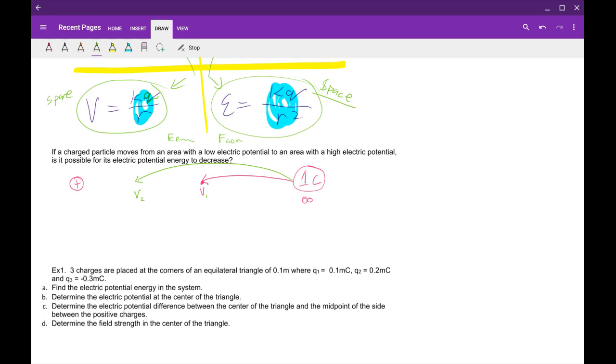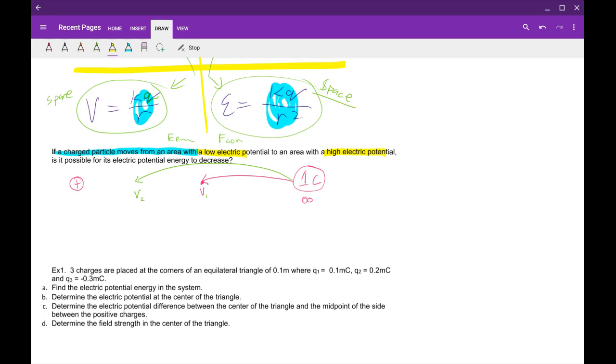Because what I'm trying to do is say if a charged particle moves from an area with a low electric potential to an area with a high electric potential. So what I'm attempting to first do is define 2 areas around a particle and figure out which one has high electric potential and which one has low.